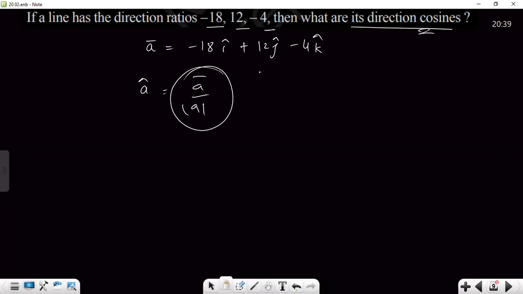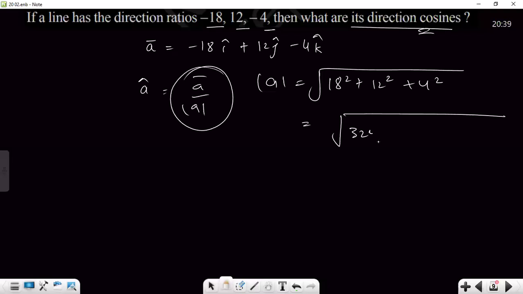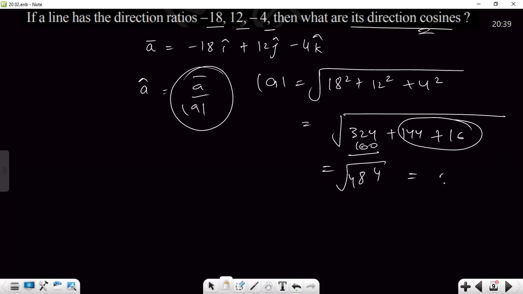So we'll find the magnitude, which is 18 square plus 12 square plus 4 square. 18 square is 324, if I'm right. 144, 16. This makes it 484, which is, I guess, 22. Yes, so the magnitude is 22.